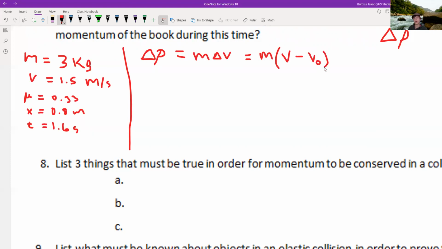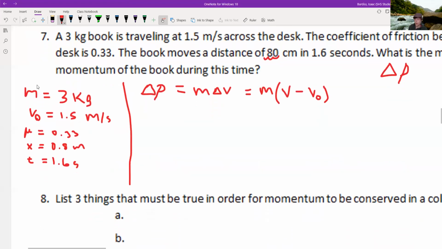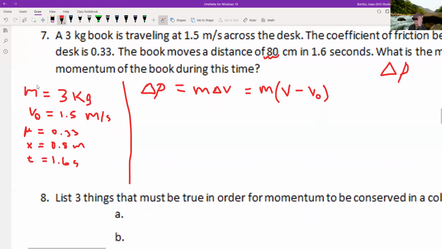So this would be the initial velocity because it's traveling at that. But how could we find the final velocity if it doesn't tell us it?